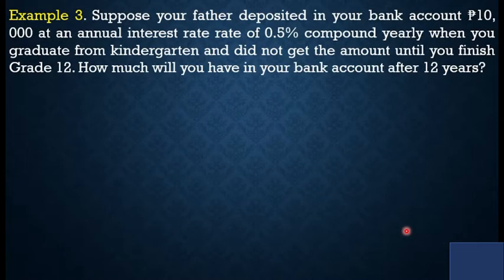Okay, suppose your father deposited in your bank account 10,000 at an annual interest rate of 0.5% compounded yearly. When you graduate from kindergarten and did not get the amount until you finish grade 12, how much will you have in your bank account after 12 years? Okay, try to answer.